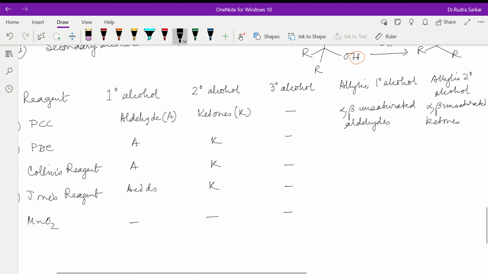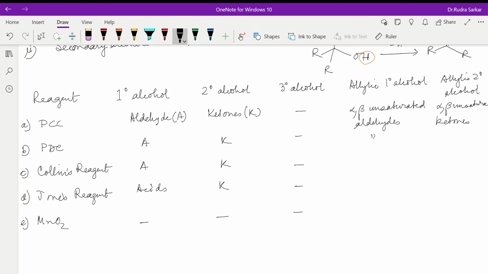Okay, and same will happen for PDC, same will happen with the Collins reagent, same result will be happening with MnO2.